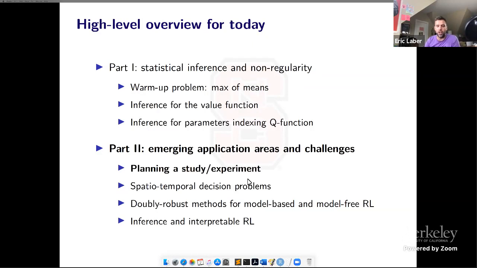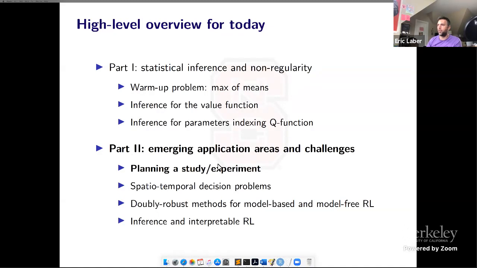So maybe it's in retail or something else. And they want to know, well, how much experimenting do we have to do before we can be sure that it's working or not working, and what kind of differences should we be expecting to be able to detect, and so on.